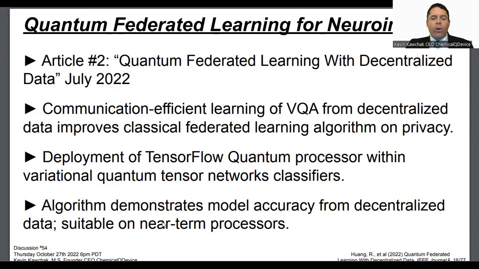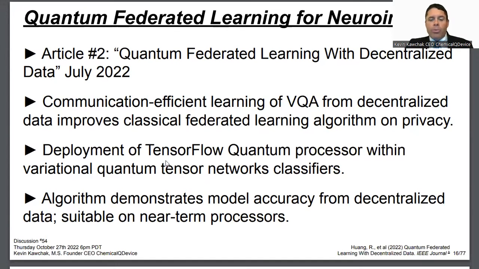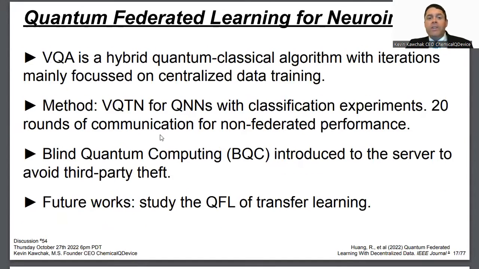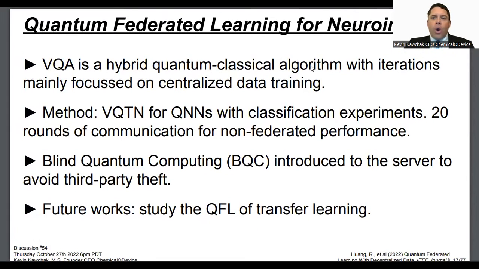The algorithm demonstrates model accuracy from decentralized data, and it's suitable for more near-term processors, likely the NISQ era that we're in. It's the same kind of thing as far as iteration, mainly focused on centralized data training before. So it's that whole push to use QFL.